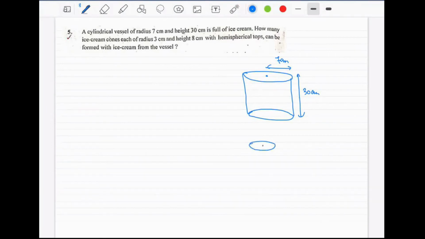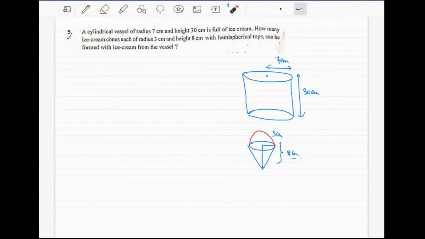The smaller cone has a radius 3 centimeter and the height is 8 centimeter. And this has a hemispherical top. Let me draw it with red. The hemispherical top would have the same radius, right? So how many of these can be formed from this?